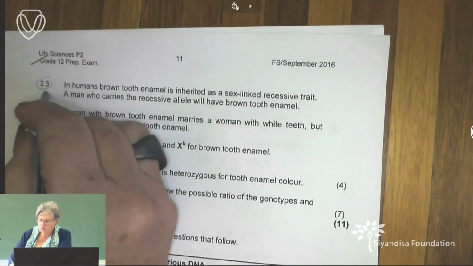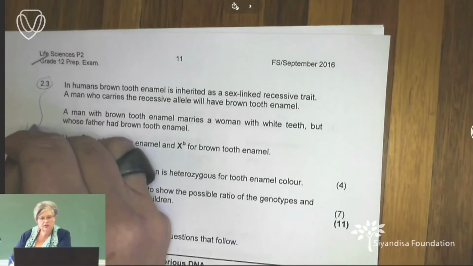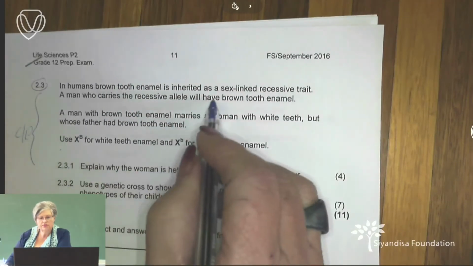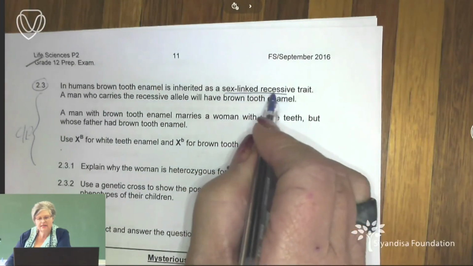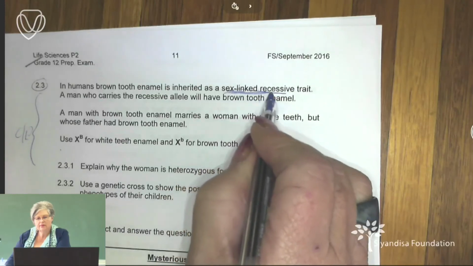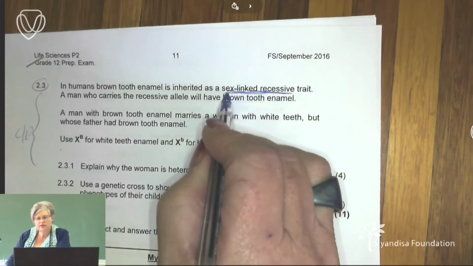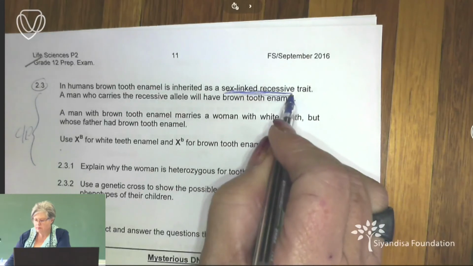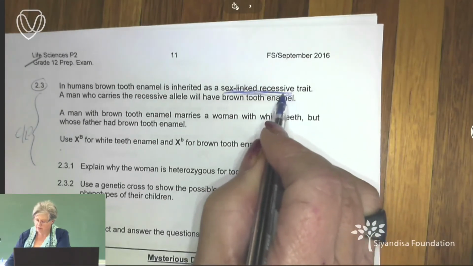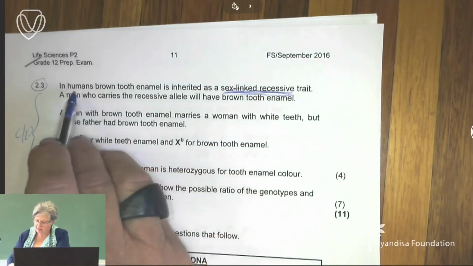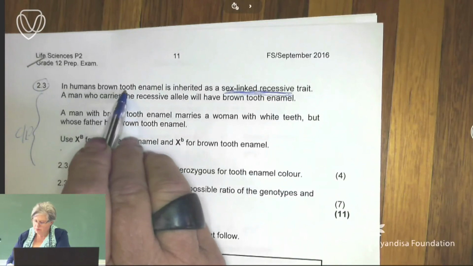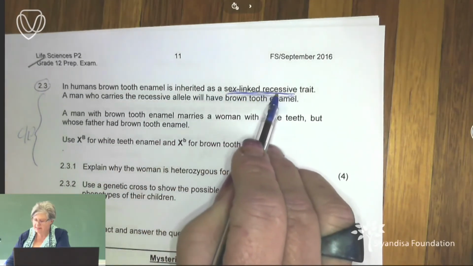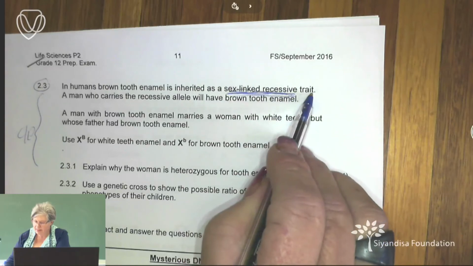This one is altogether a level C to D question, because what you have done in the class with sex link is either hemophilia or color blindness. Now let's look here. It says, a human brown tooth enamel is inherited as a sex-linked recessive trait.